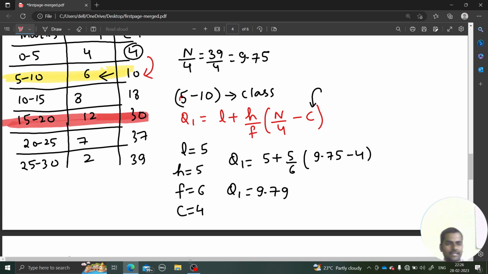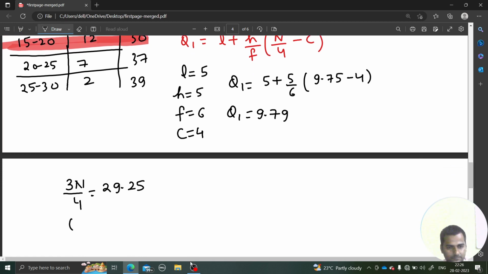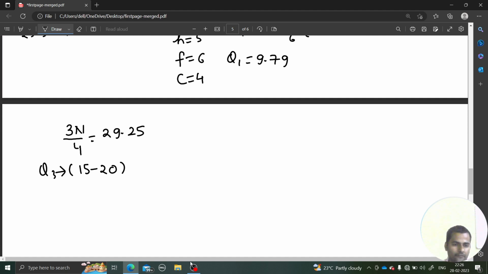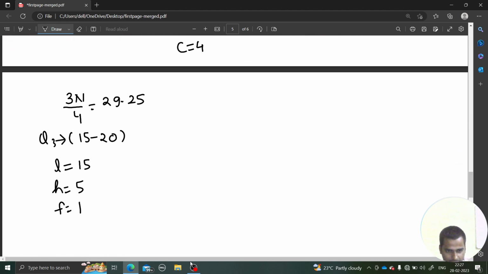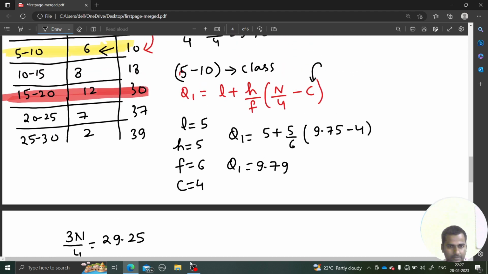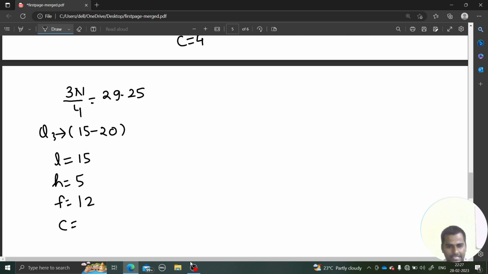Now in this case, again we have this as our interested class for Q3. Now if you have got this, you can easily say that your L is 15, your h is always 5 in this particular problem. Then your frequency will be 12, your C will be just above that, so that will be 18, just above 30 you can see 18.